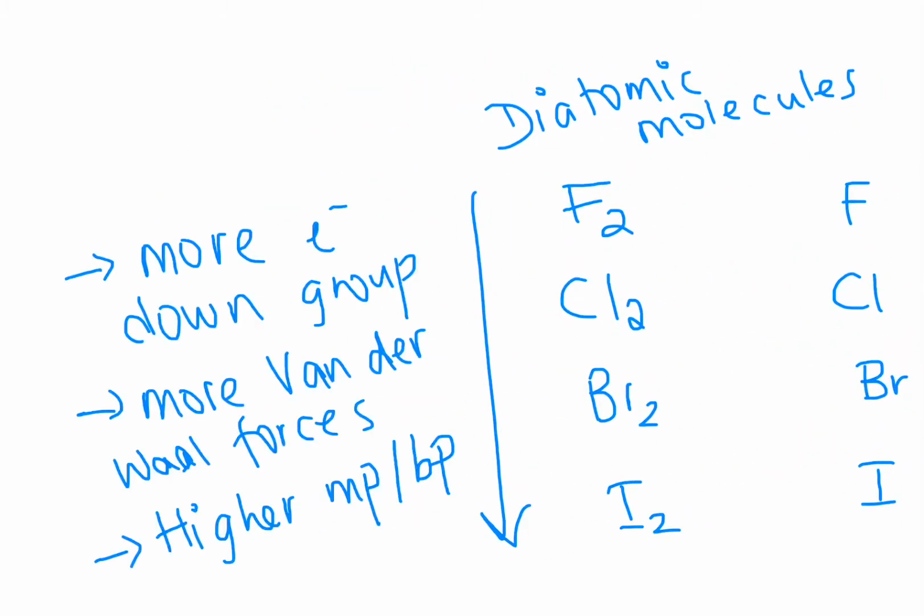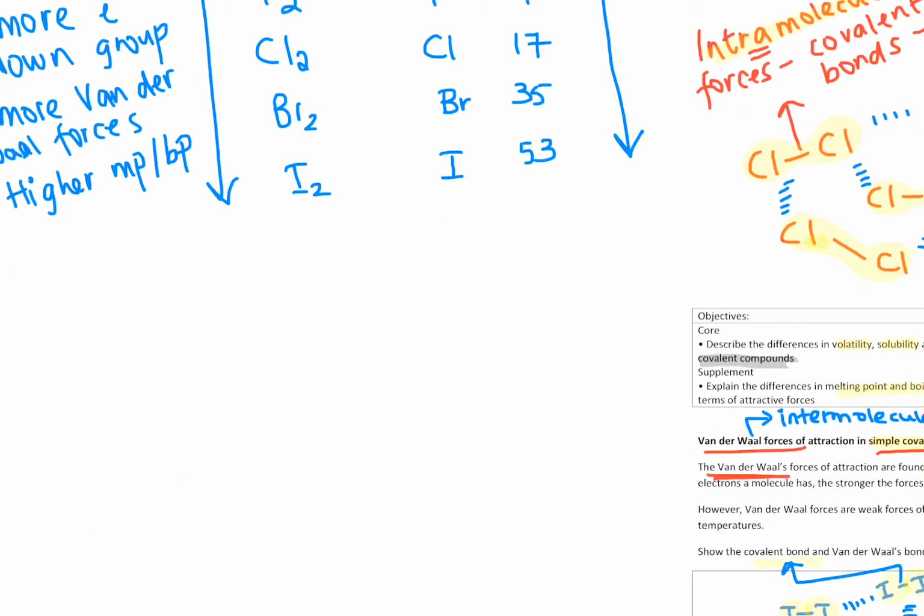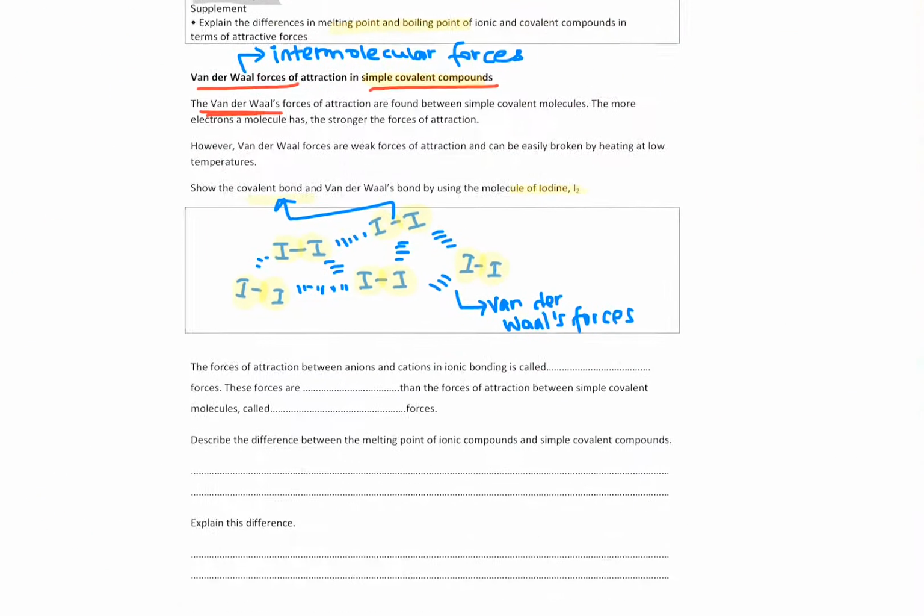This means a higher melting point or boiling point as you're going down the group 7 elements. Okay, so let's continue.